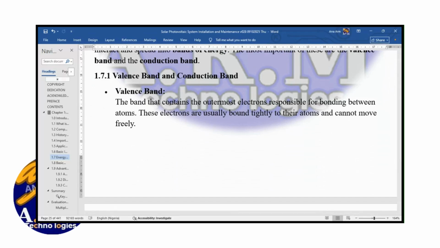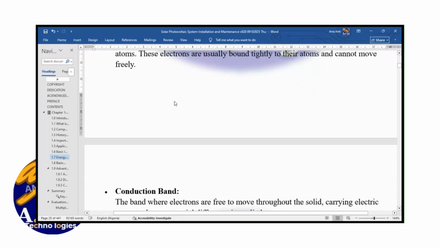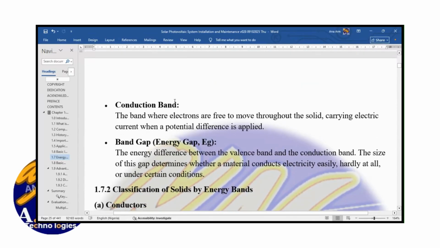Now, valence band and conduction band. The valence band is the band that contains the outermost electrons responsible for bonding between atoms. These electrons are usually bound tightly to their atoms and cannot move freely. Conduction band: the band where electrons are free to move throughout the solid, carrying electric current when a potential difference is applied.